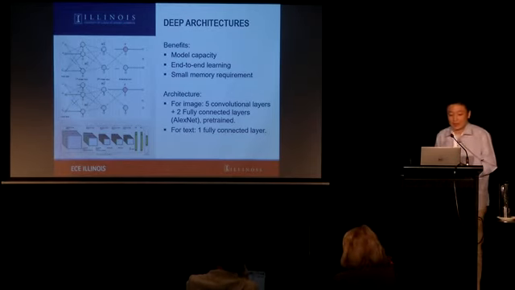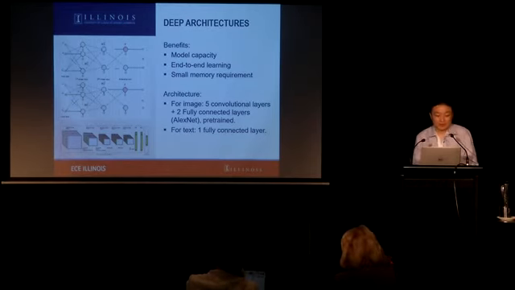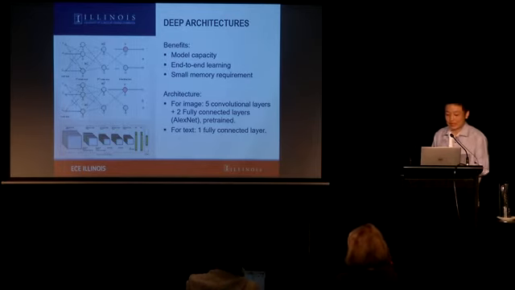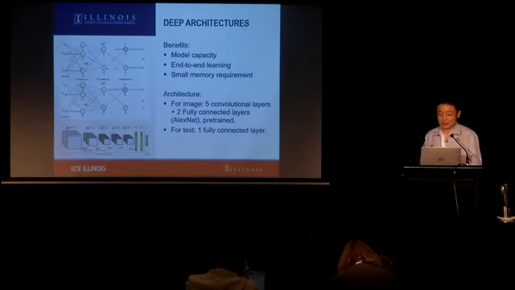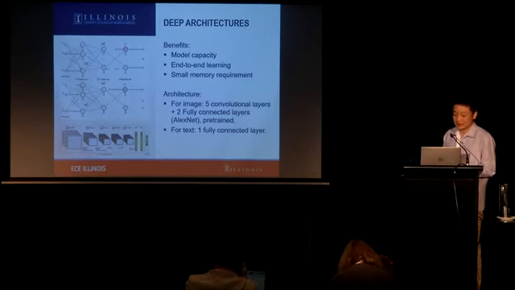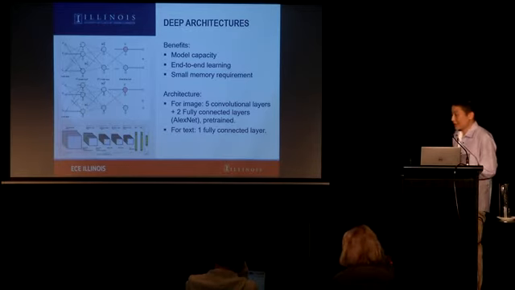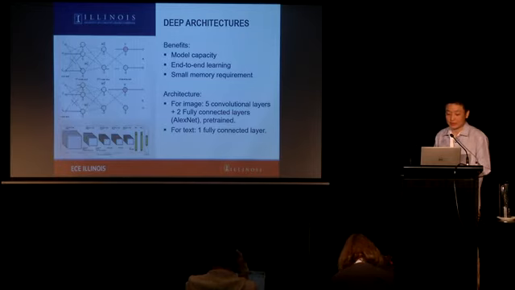So in our setting, we use AlexNet, which was state of the art 2 years ago, as the image module, and it is pre-trained on the ImageNet 1000-class classification problem. And on the text, we just use one fully connected layer.